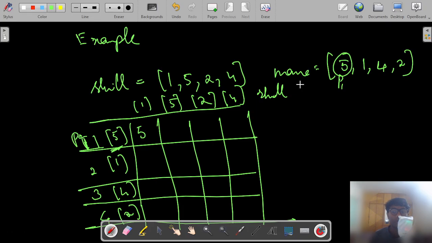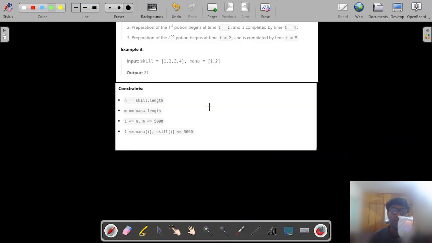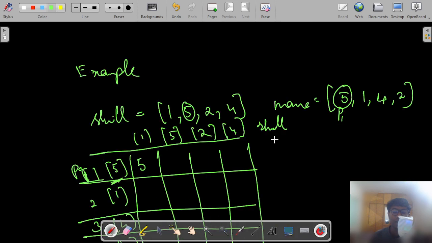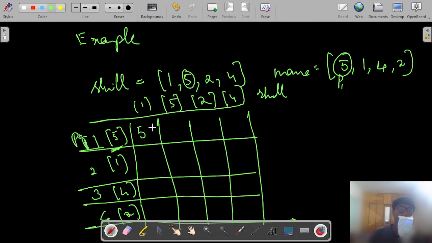Now portion 1 needs to pass through the second skilled worker, which it should do because, as the problem statement suggests, it needs to pass to the next wizard immediately. So after the 5th second, 0 to 5 seconds, skilled worker 1 does his brewing on portion 1. After the 5th second, immediately skilled worker 2 will start his duties.